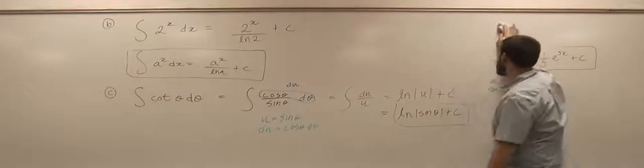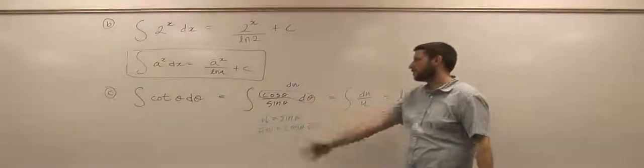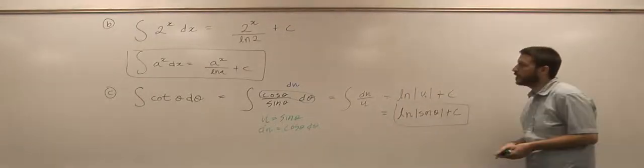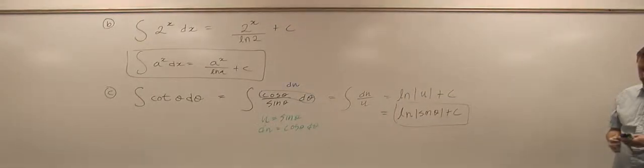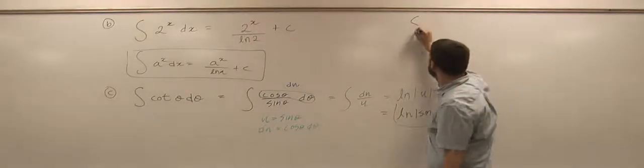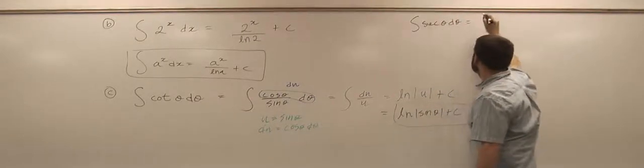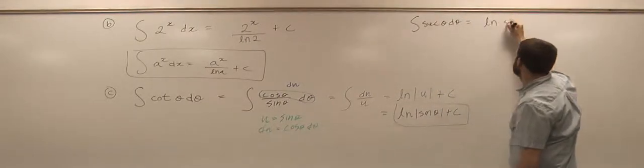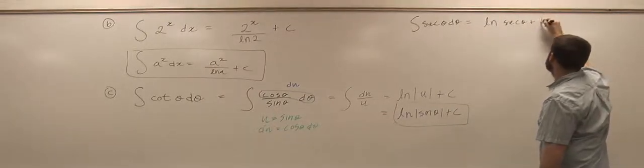So for tangent and cotangent, you really don't need to memorize the formulas. You can do a u substitution. If you want, you can memorize them. For secant and cosecant, the integrals were a little harder, so I would probably just memorize them. The integral of secant theta d theta is the natural log of the absolute value of secant plus tangent.